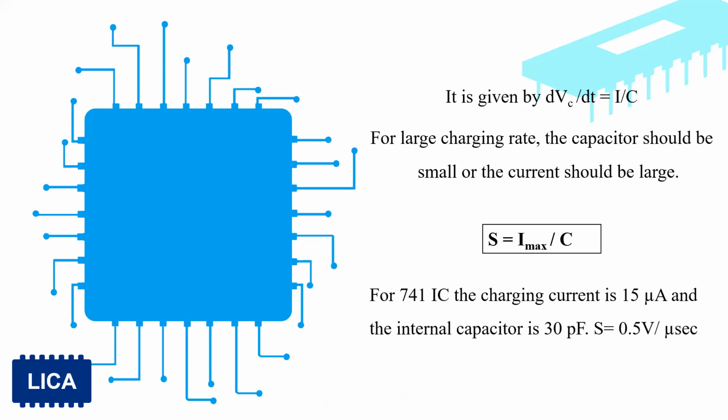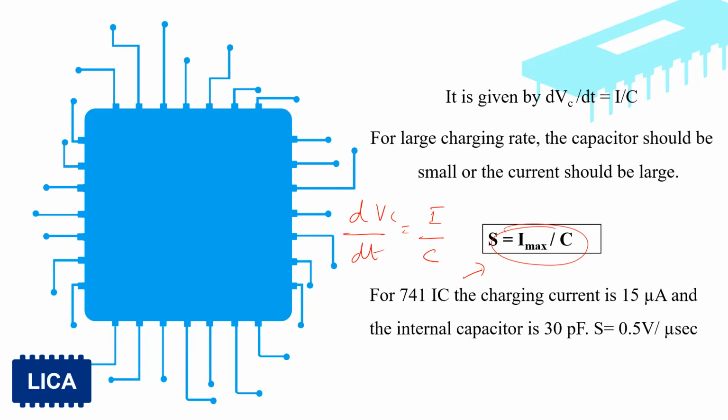Then the rate at which the voltage across the capacitor Vc changes we can represent like this: dVc by dt equal to I by C. We can formally note it as slew rate equal to I maximum by C. So this is the formula for slew rate. Slew rate is the maximum rate of change of output voltage. For the ideal case, SR will be maximum, and for a practical case, it will be 0.1 to 1000 volt per microsecond.